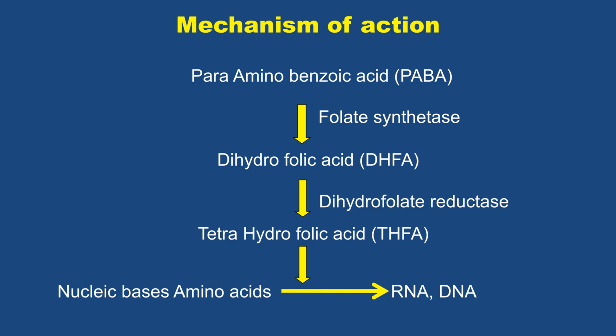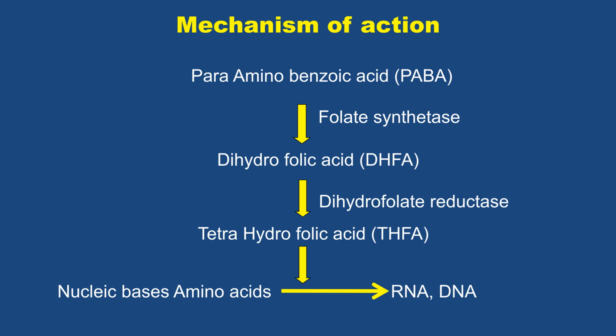Coming to the mechanism of action of sulfonamides, as I have mentioned previously, para-aminobenzoic acid is a precursor of folic acid, and folic acid is essential for the growth and multiplication of bacteria.